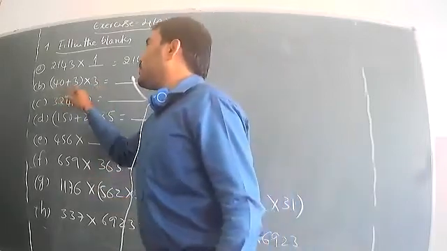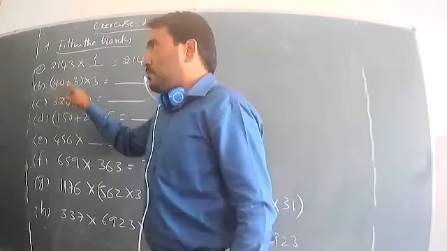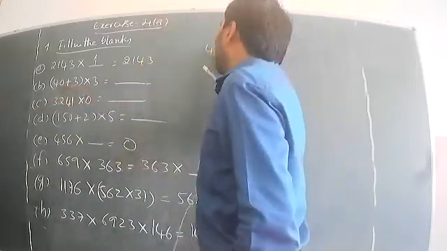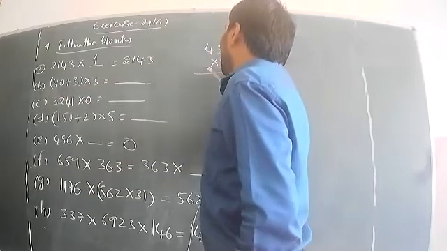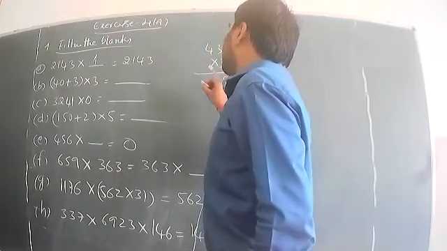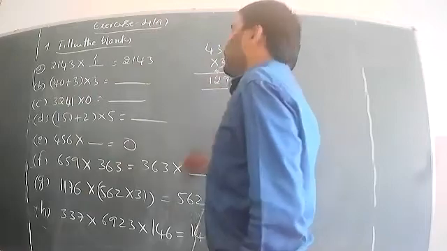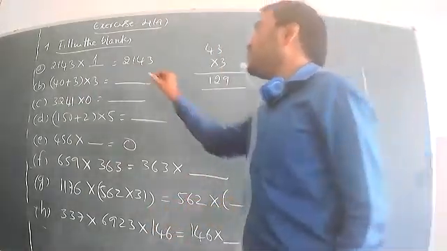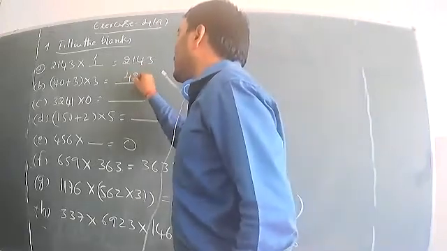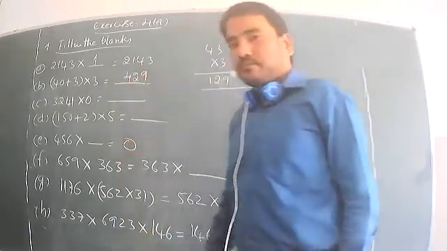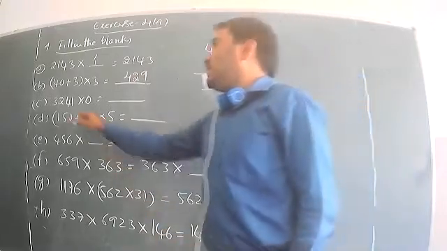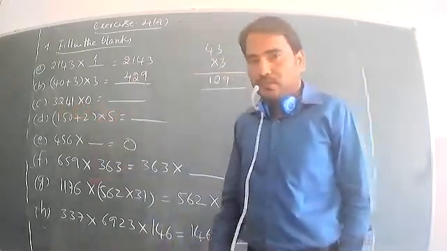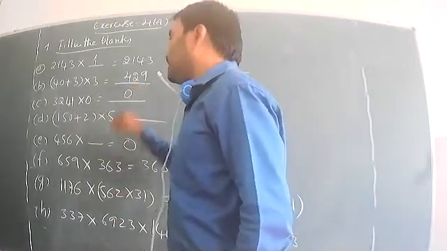First add the two numbers: 40 plus 3 is 43, into 3. 3 3 the 9, 3 4 the 12. So what is your answer? 429. We should write 429. Next, 3241 into 0. What is your answer? The answer is 0.